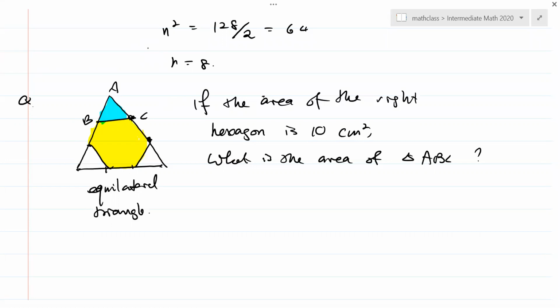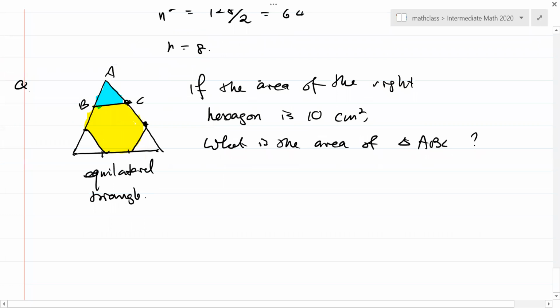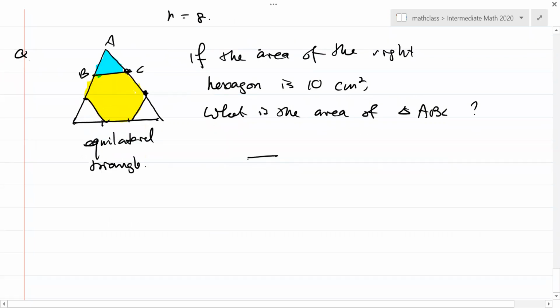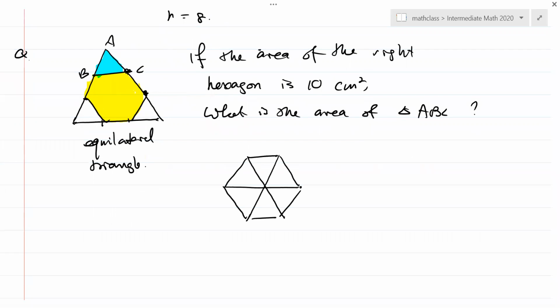All right, so the triangle. Let's look at the hexagon. In a hexagon, if you connect all the lines, the hexagon consists of identical equilateral triangles. So the area of one equilateral triangle is going to be 1/6 of the area of the hexagon.